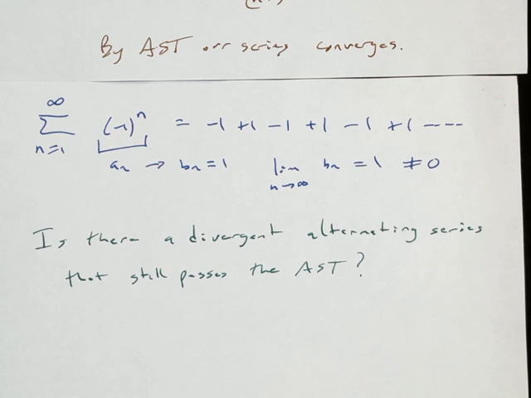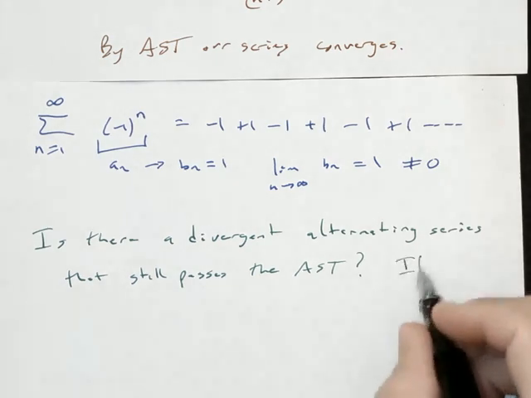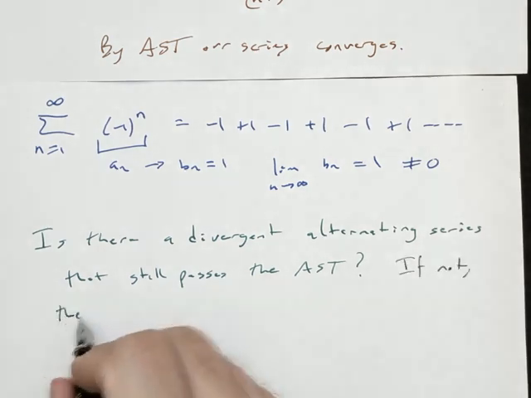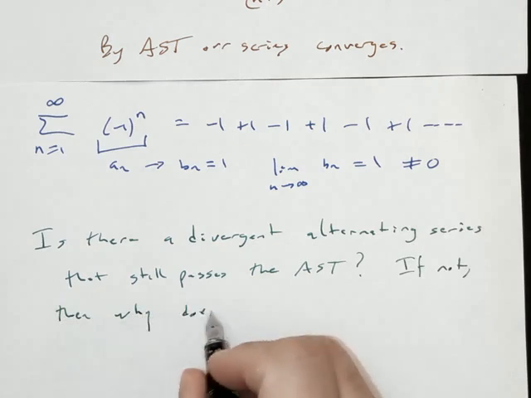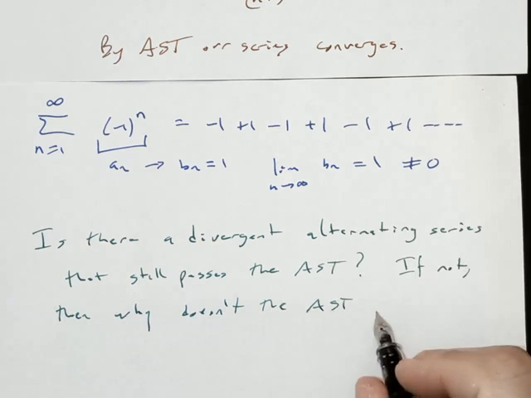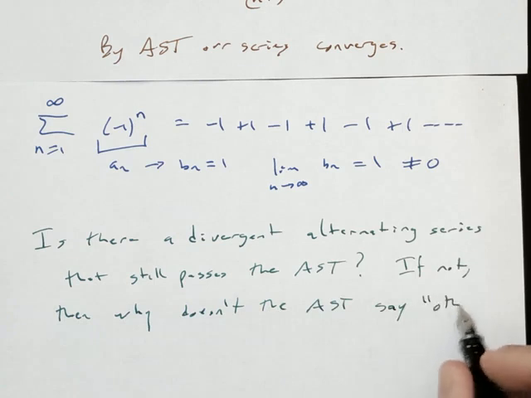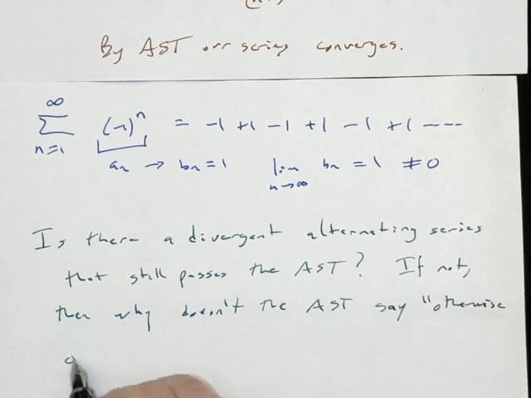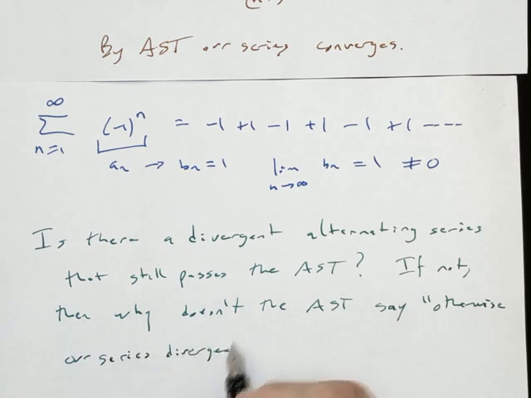But the test isn't enough to tell us that. Or maybe there's a convergent alternating series that doesn't pass the AST.